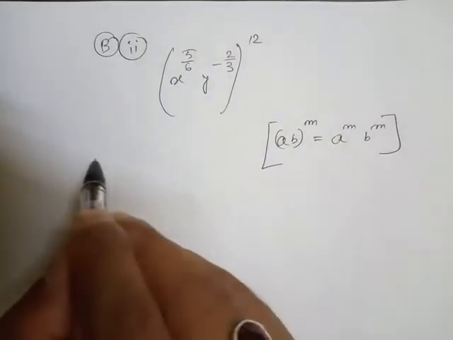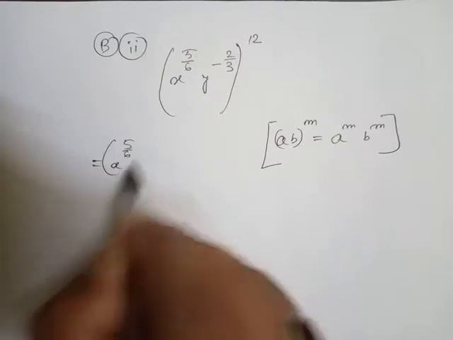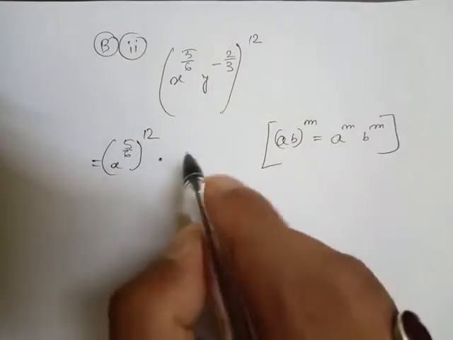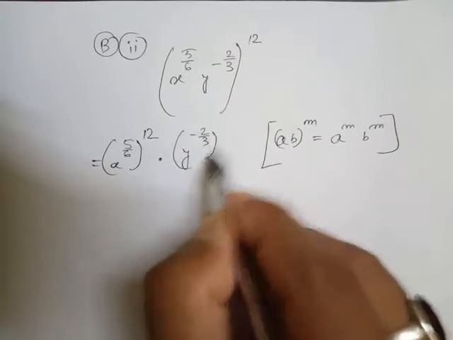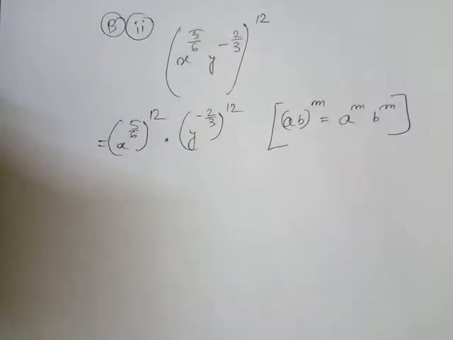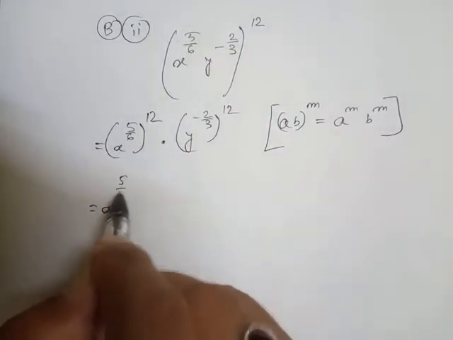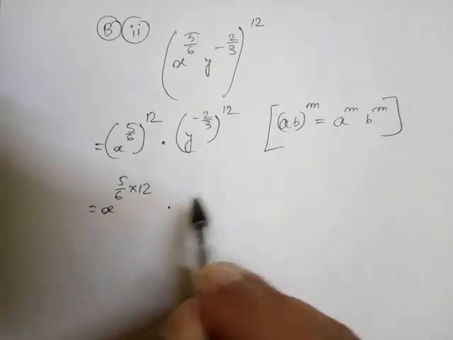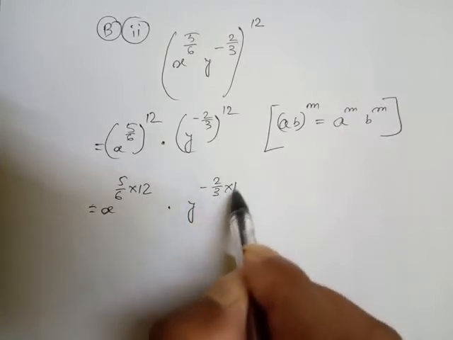So if I write here that x to the power 5 by 6 whole to the power 12, and using dot means into, then y to the power minus 2 by 3 whole to the power 12. Now look, if we remove the bracket from here, then x to the power 5 by 6 into 12, and dot means into, y to the power minus 2 by 3 into 12.